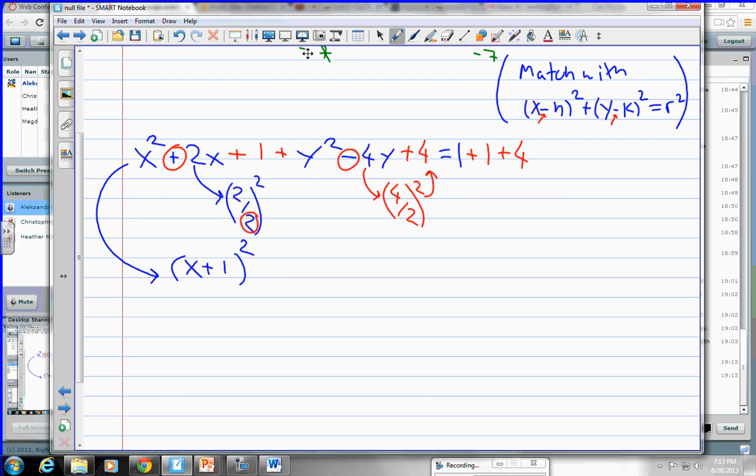Even if you didn't know that, if you try to factor two numbers that multiply to 1 and add to 2, 1 and 1. So you have x plus 1 times x plus 1, x plus 1 squared. Right? How about the second parenthesis? Y squared minus 2, very good, equals 6.